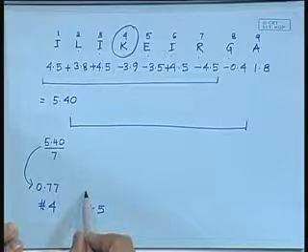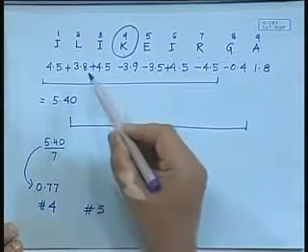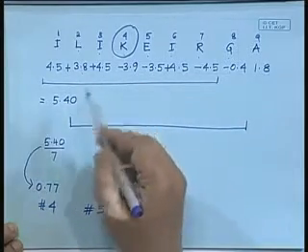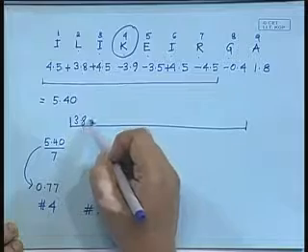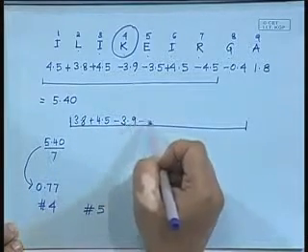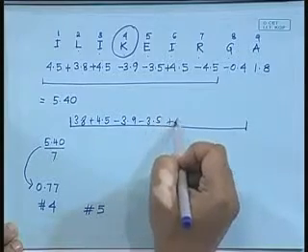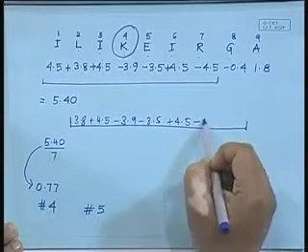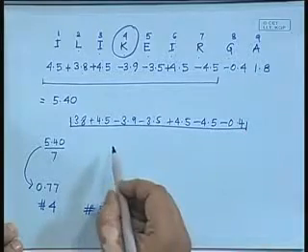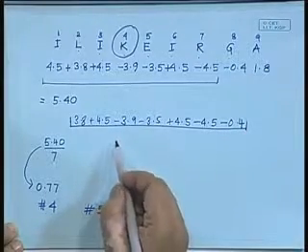If I add all these values together from 2, that is 3.8 plus 4.5 minus 3.9 minus 3.5 plus 4.5 minus 4.5 minus 0.4, I am going to get 0.